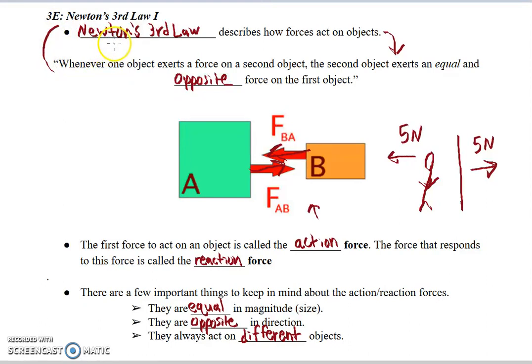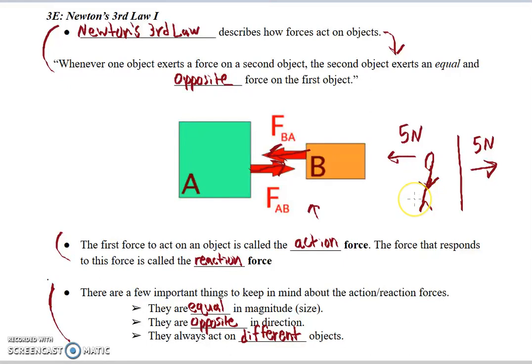But again, for every action, there's an equal and opposite reaction. There's an action force and a reaction force. Those forces are equal, meaning they're the same size. They're going to be in opposite directions, and they're going to be on different things. So that's the basics of what the third law is saying.